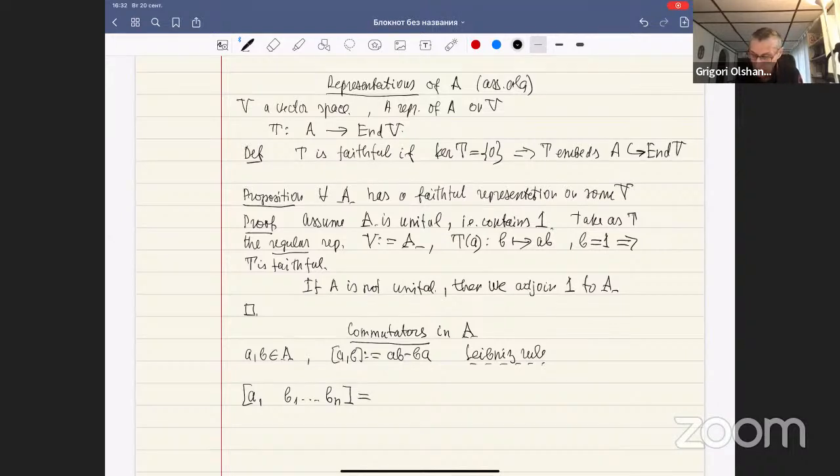Then the result is as follows: we apply A to each of the factors, meaning that we apply A to this element and take the product over the remaining. This is easy to prove and very important in calculations.